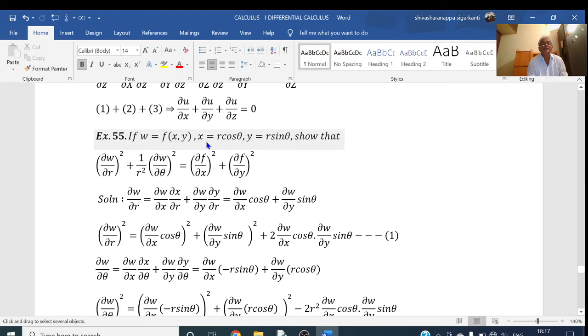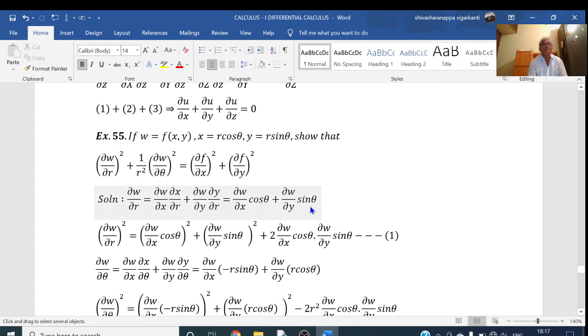If I differentiate this with respect to r, then cos theta is a constant quantity, so cos theta into r derivative is 1. So it is equal to cos theta plus dou w by dou y into dou y by dou r. Differentiating with respect to r, sin theta is a constant quantity and the derivative of r with respect to r is 1, so I am getting dou w by dou x into cos theta plus dou w by dou y into sin theta.